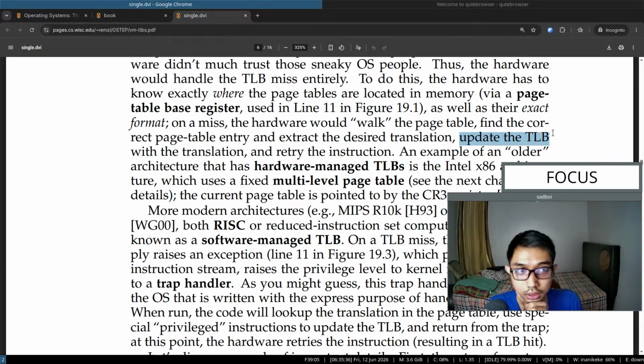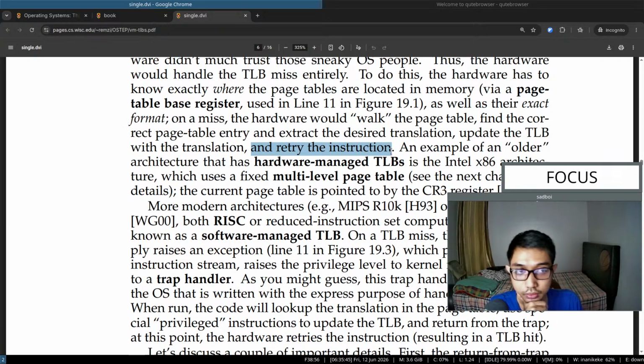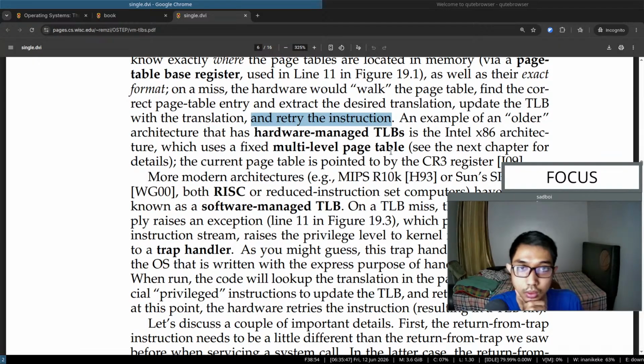Update the TLB with the translation and retry the instruction. Extract the desired translation, update the TLB with the translation, and retry the instruction.